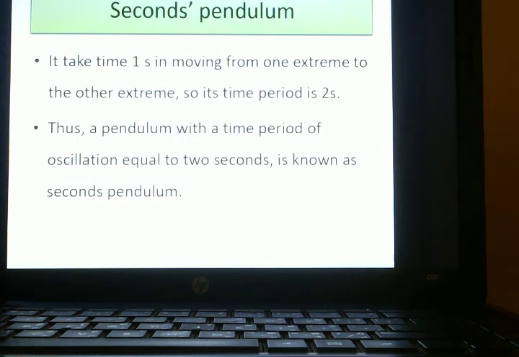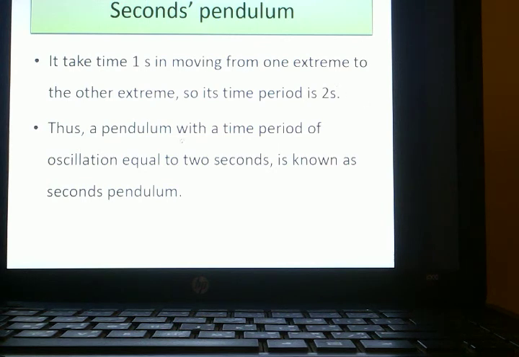Next one, seconds pendulum. As the name suggests, the time required by the seconds pendulum to complete a full oscillation is 2 seconds. It takes 1 second to move from one extreme to the other extreme, and 1 second to come back from that extreme. So the total time is 2 seconds.